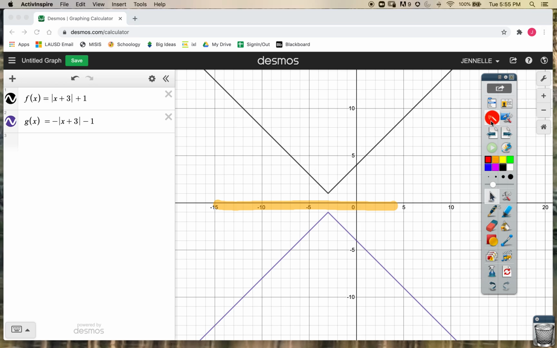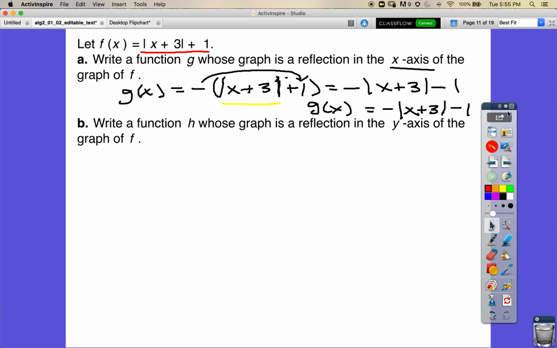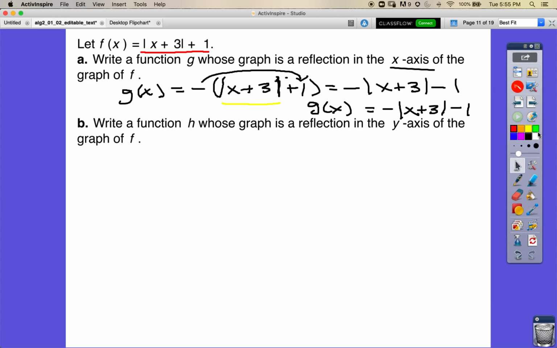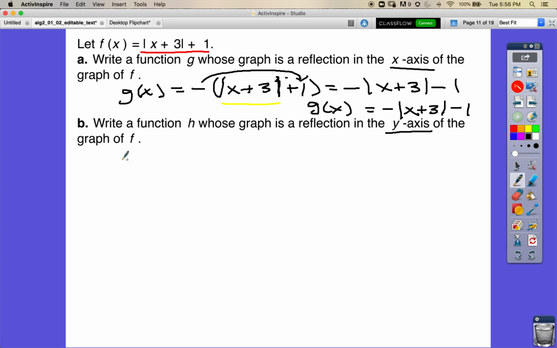Okay, now let's move over to the horizontal translations, and this is where it gets pretty hairy. Okay, so write a function h whose graph is a reflection in the y-axis. Okay, now I remember if it's over the y-axis, only the input is negative. Okay, only that x. So let's do this.